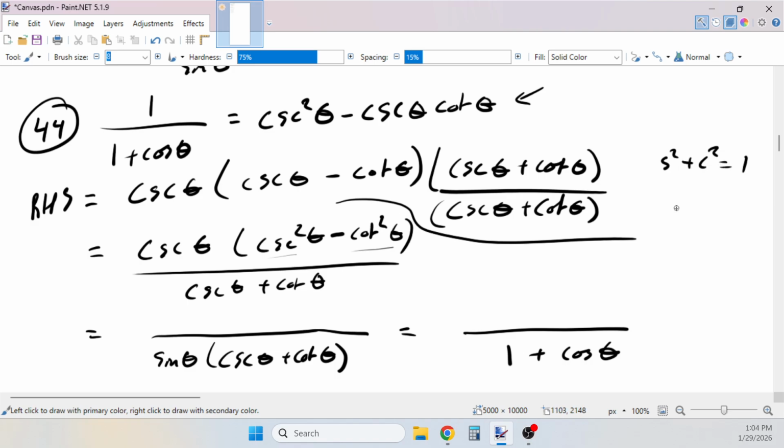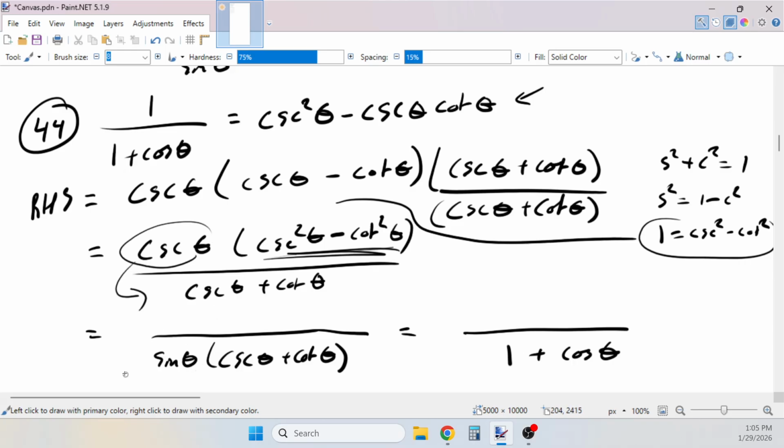If we subtract the cosine squared to the other side, we get sine squared equals 1 minus cosine squared. Divide everything by sine squared: 1 equals cosecant squared minus cotangent squared. So yes, this is one of the Pythagorean identities. That's a 1. But we moved the denominator when we did that, so we just have a 1 on the top. That's the left-hand side. Done.